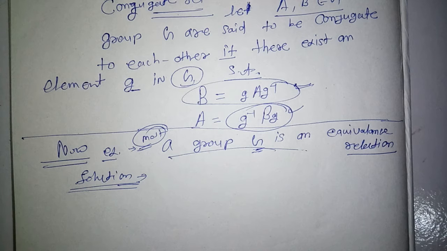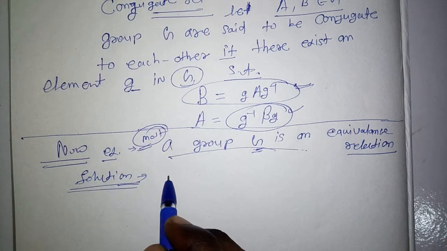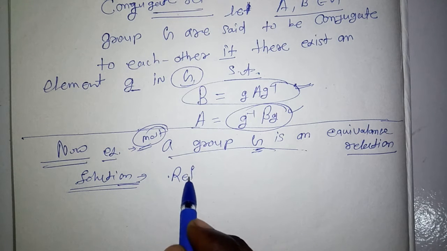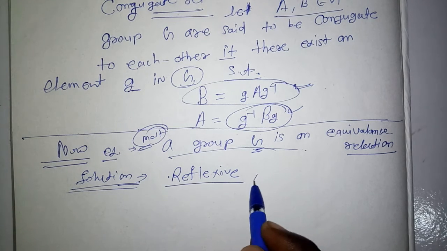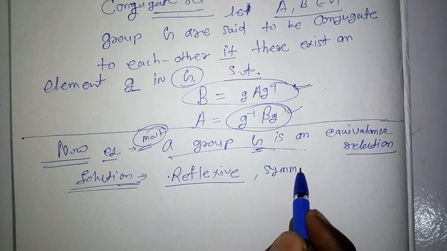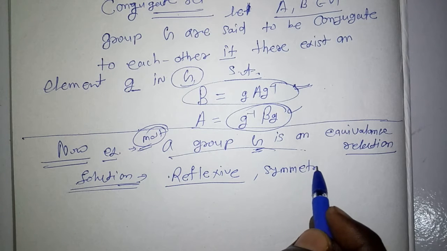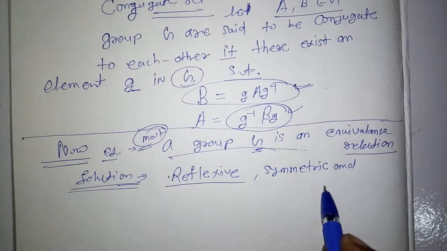Okay students, conjugation relation is said to be reflexive, students, reflexive. Okay, symmetric and transitive.